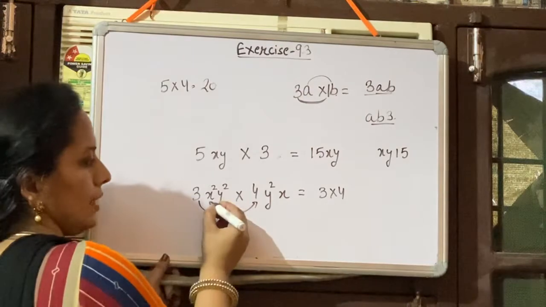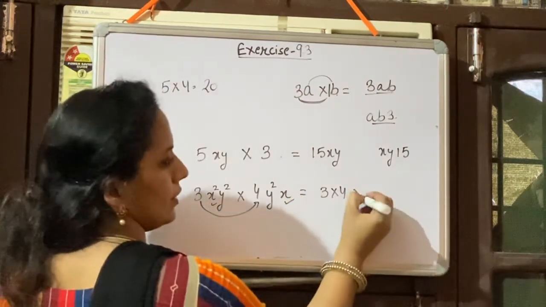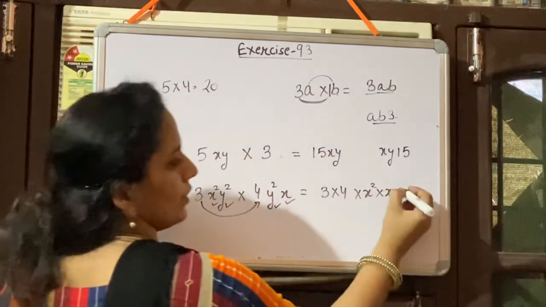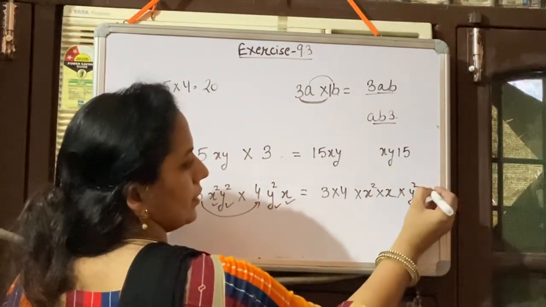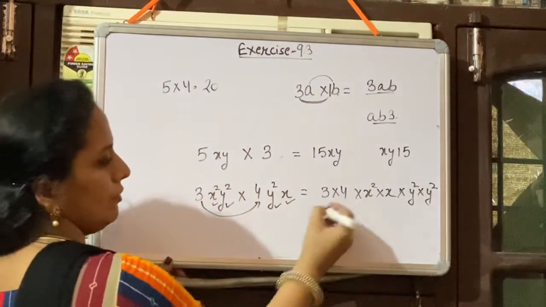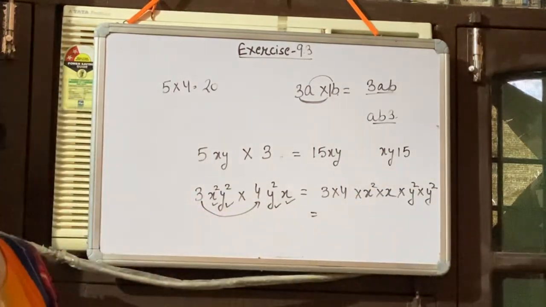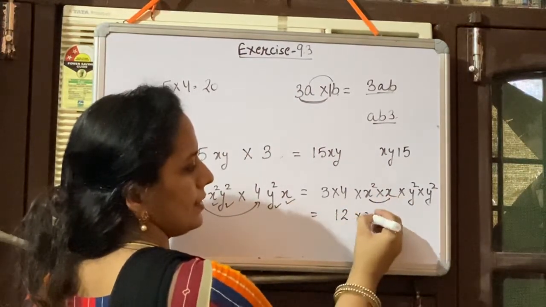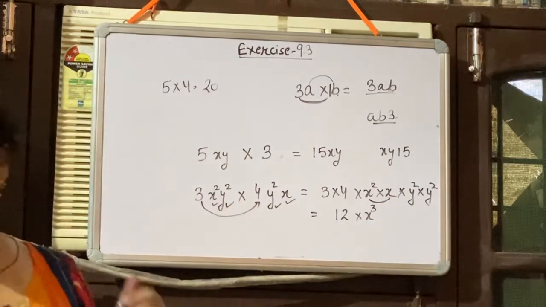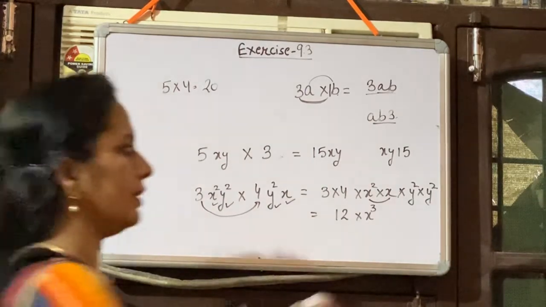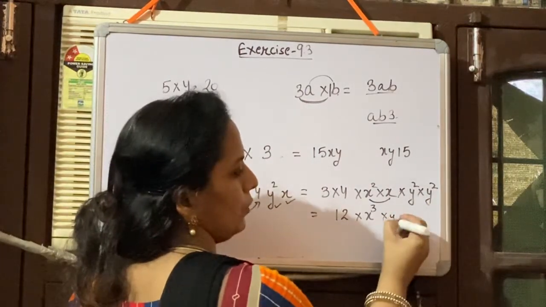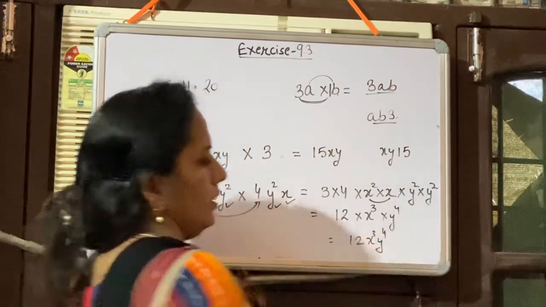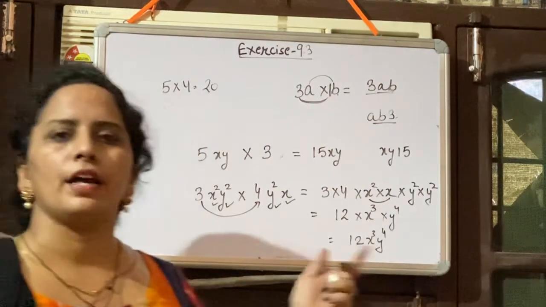That means x square and x square, y square and y square. That will be equal to 3 multiply 4, that is 12, x square times x is x cube, because when the base is the same, the powers must be added. And y, that will be y to the power 4. So our final answer will be 12 x cube y to the power 4.